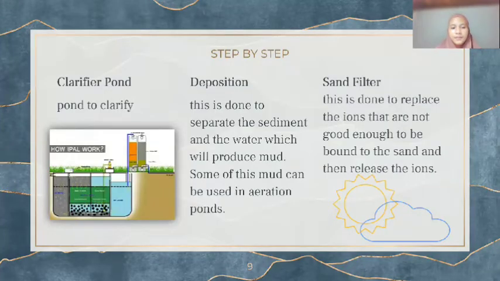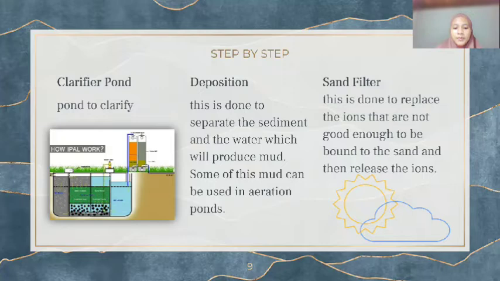Number 7, clarifier pond. In the clarifier pond, the water is just clarified and done. Next, number 8, deposition. This is done to separate the sediment and the water, which will produce mud. Some of this mud can be used in aeration ponds.